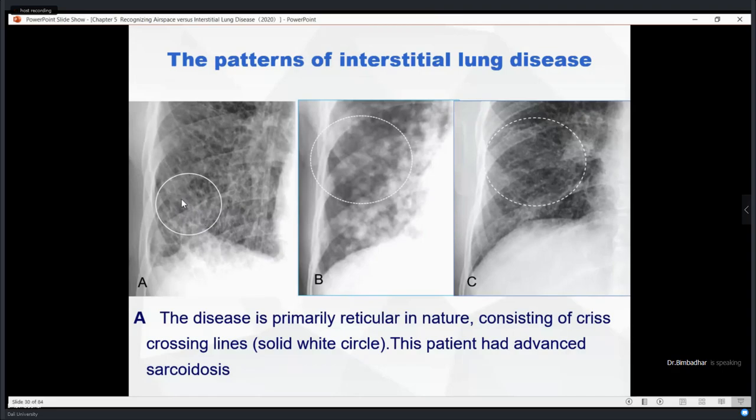One of the best examples of this reticular pattern is sarcoidosis. Okay, sarcoidosis is one of the diseases. So remember this example: the disease that will have a primary reticular pattern, which obviously indicates an interstitial lung disease, and sarcoidosis is one of the best examples.